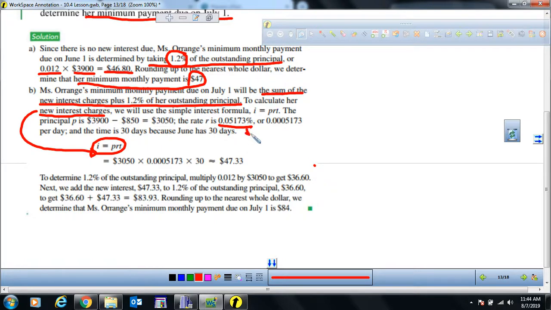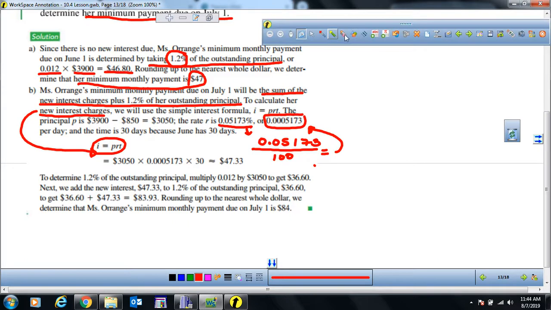So this amount, because it's a percent, even though it's a decimal, you still have to divide it by 100. When you divide this by 100, then you get this number right here, and that's the interest per day.